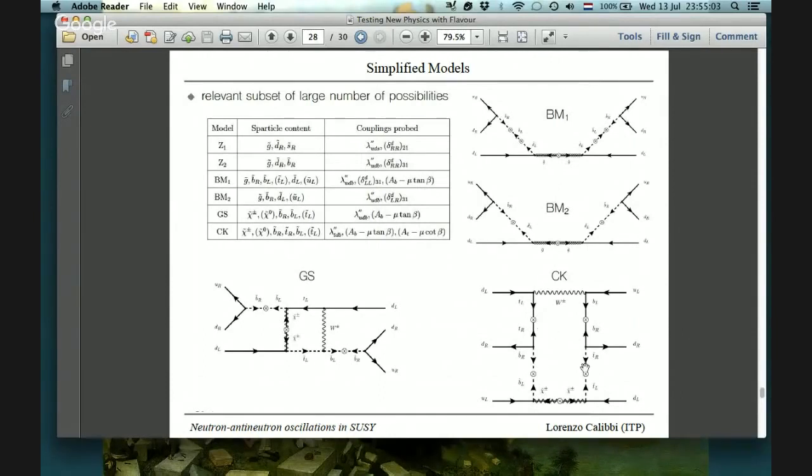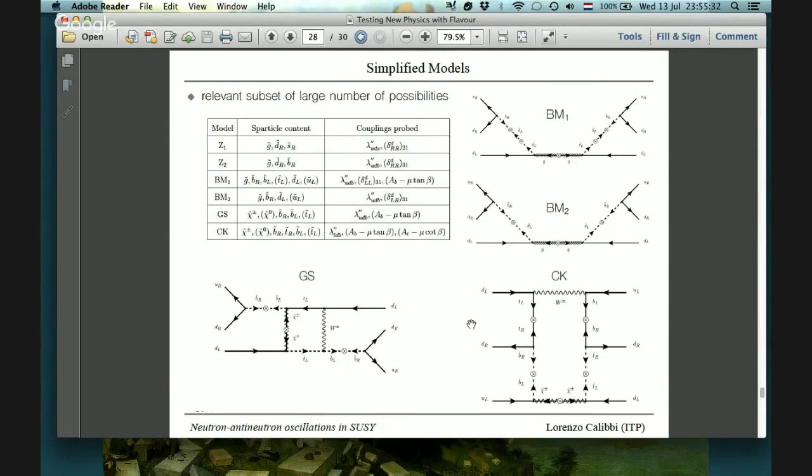So tops, tops, bottom and bottom. So in this case, the coupling that you can probe with an n-nbar experiment in a setup like this is this one. I don't know if you can see it, but it is basically 313. So yes, it involves the third generation.